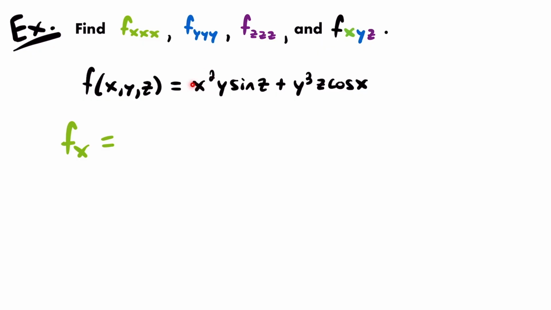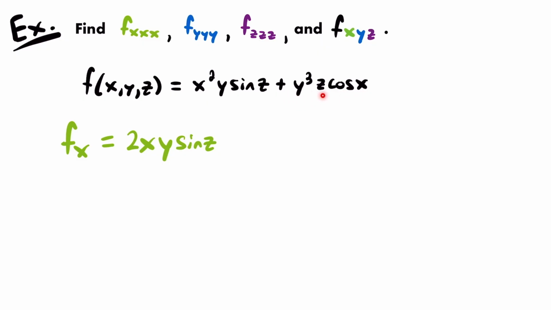So just take the derivative of x squared using the power rule and leave everything else alone in that term. You'll multiply the 2 down, subtract 1 from the exponent, and you'll get 2x to the first power times y times sine z. Okay, then for the second term, y cubed would be a constant, z would be a constant, but cosine x is in terms of the variable that we are taking a derivative with respect to. So we do need to differentiate cosine x, and the derivative of cosine is negative sine.